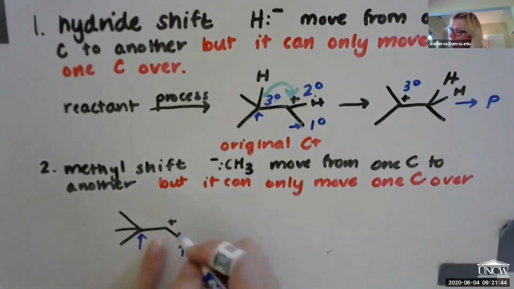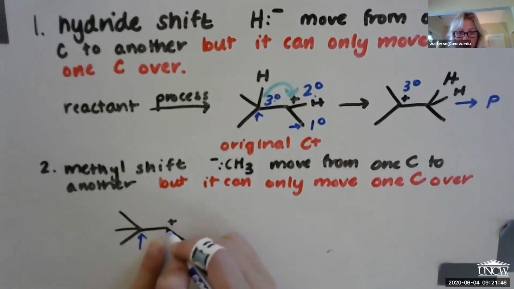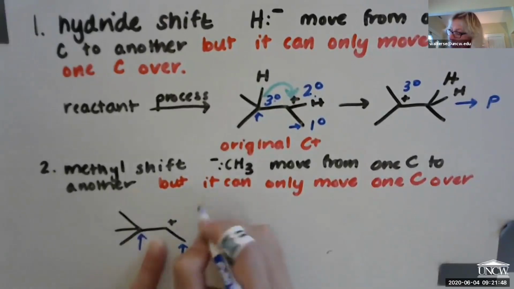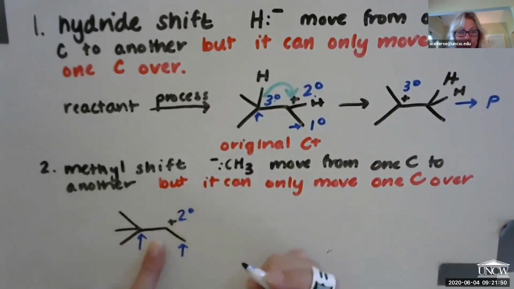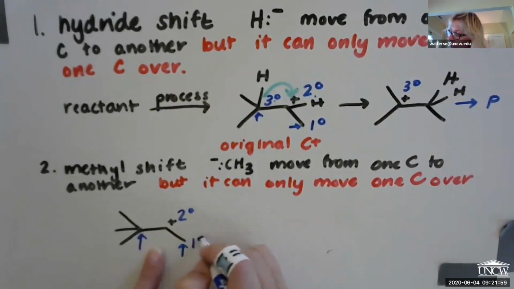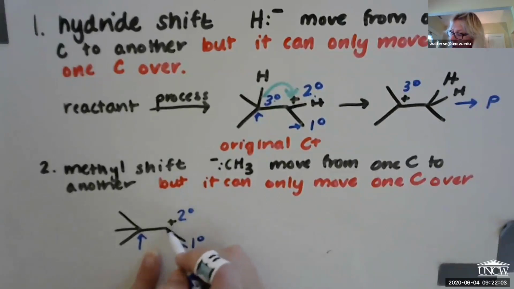This carbocation carbon is bonded to 2 other carbons, so it's secondary. If we shift, we have hydrogens over here, but the carbocation would end up primary. If the carbocation can be moved over here, it would end up tertiary.